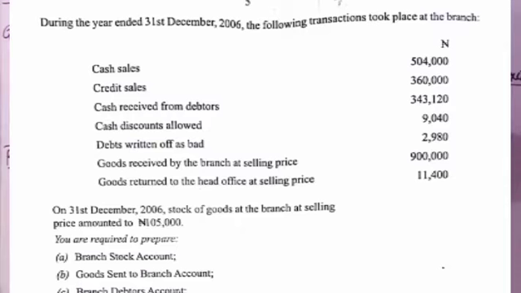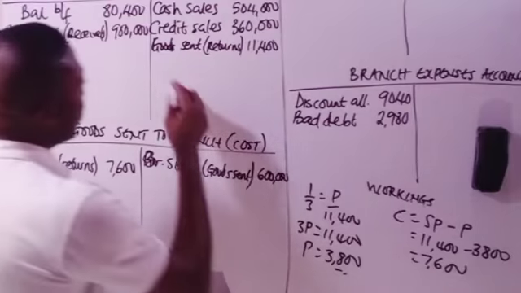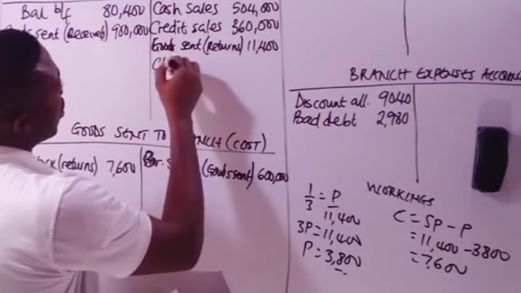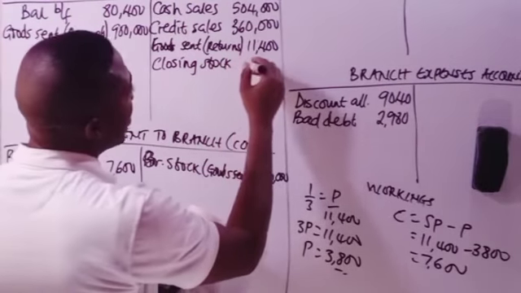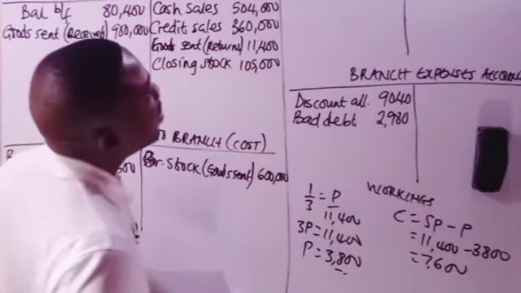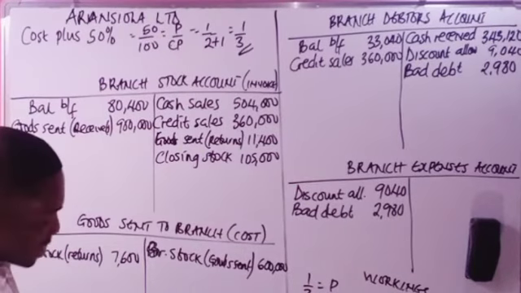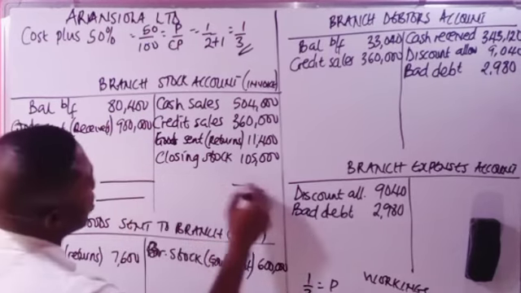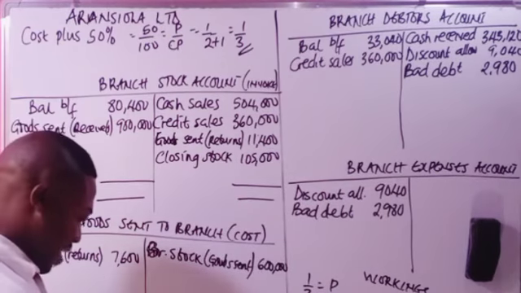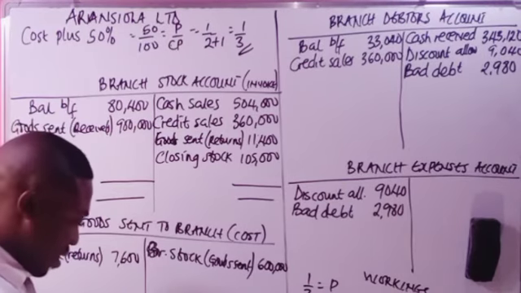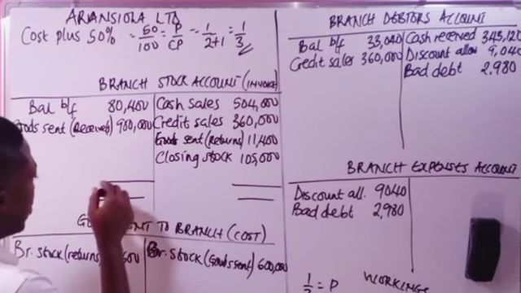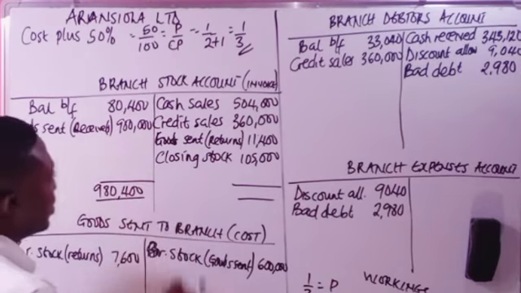They said on 31st December 2006, stock of goods at the branch at selling price is 105,000. So that's the closing stock. So we have closing stock as 105,000. So let's now close this account. If we add up here, we have 80,400 plus 900,000, which is equal to 980,400.